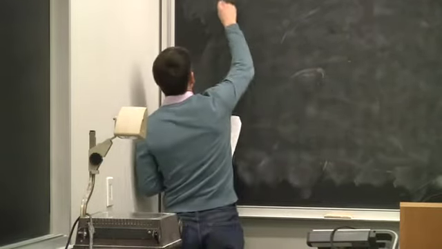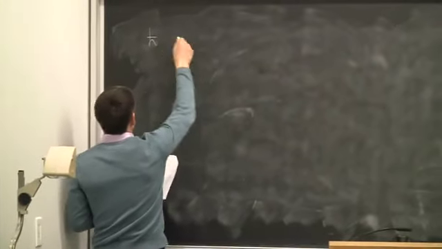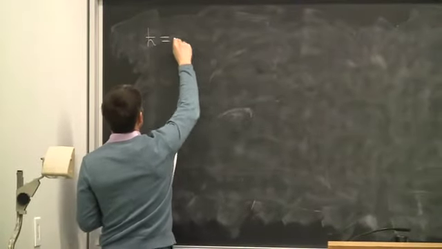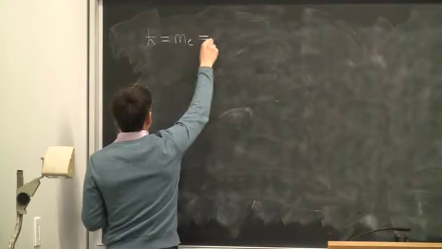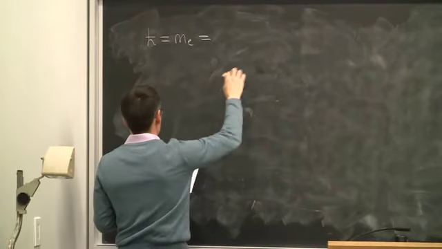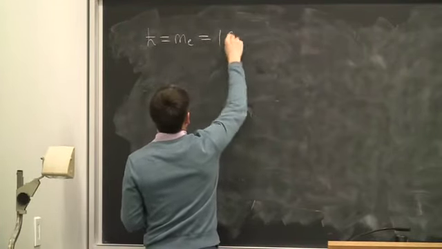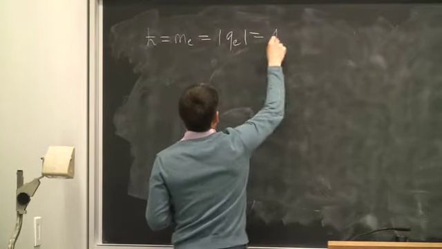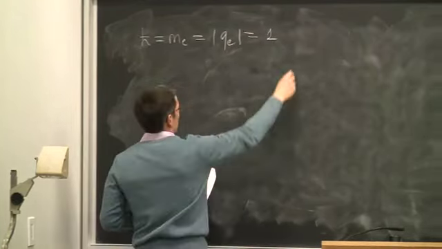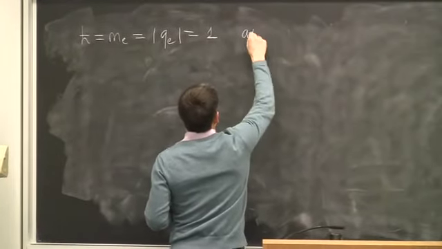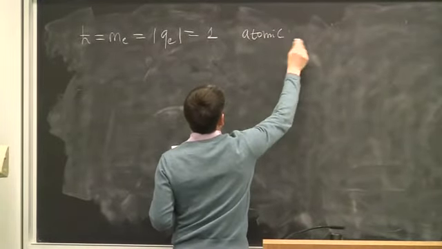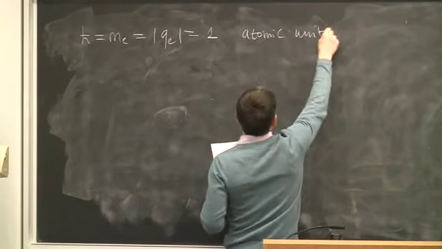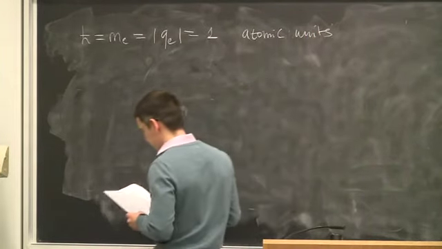Now, what we'll be using is atomic units, where h bar, mass of electron, and absolute value of the charge of electron is all 1. So this is atomic units. It just makes the formulation simpler.